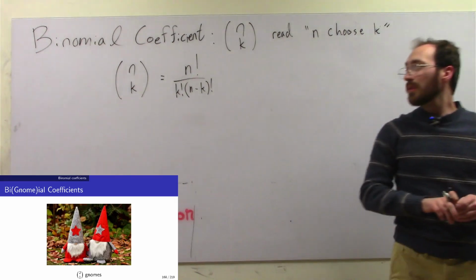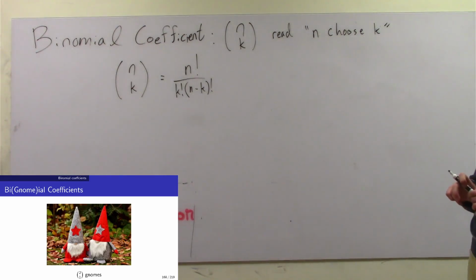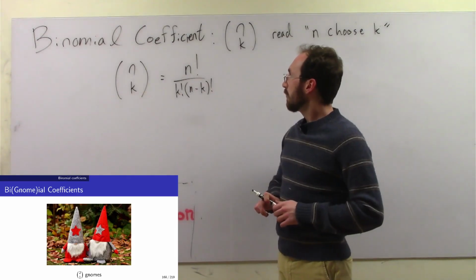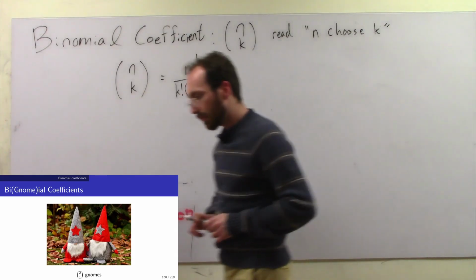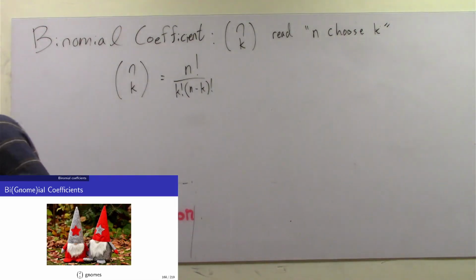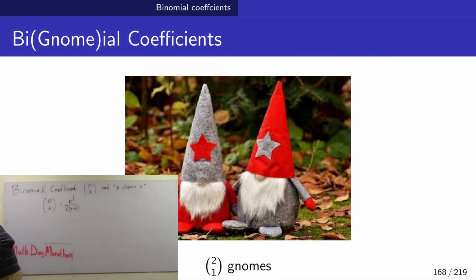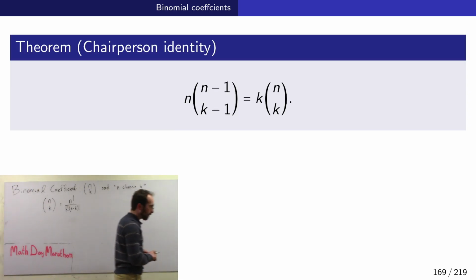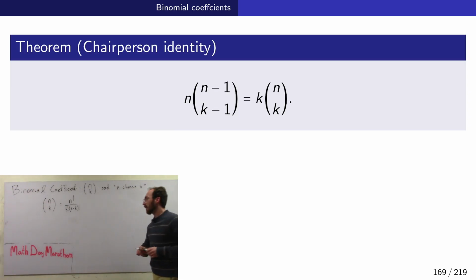I don't believe this will really pop up. It might pop up near the end of this section, but for the most part, you can figure things out in other ways. So earlier, we were using binomial coefficients to do counting problems.